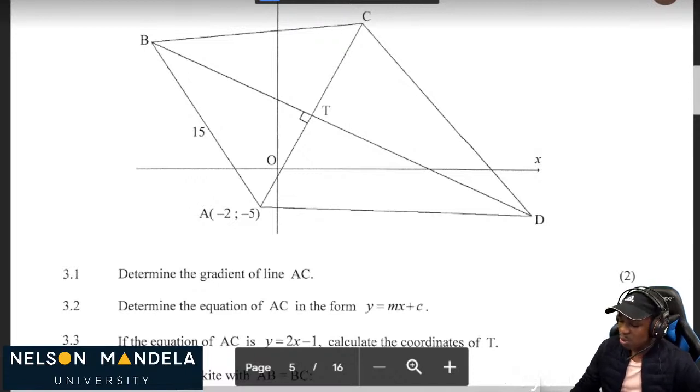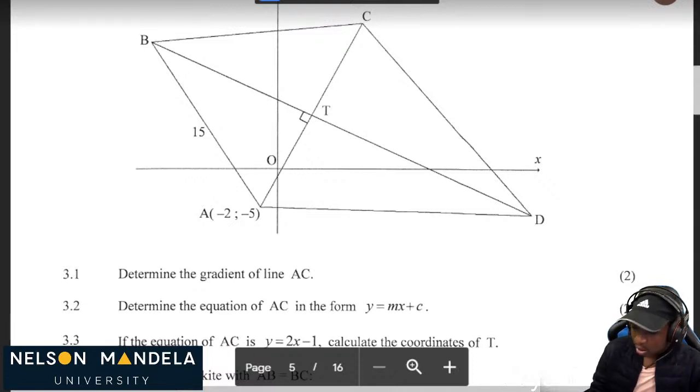Since we calculated the T value to be 4 is to 7, this is our xm and this is our ym. Now we're going to look at A and C. What is our xm?